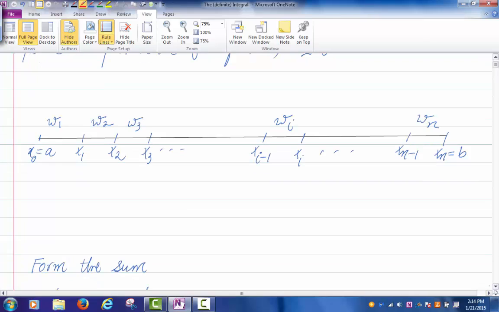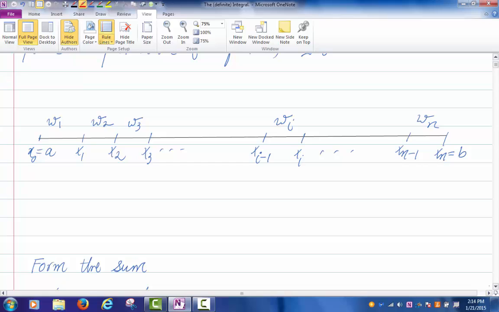Now, once I have these subintervals, I pick sample points from the subintervals. So I pick one sample point, W1, from the first subinterval. I pick a second sample point, W2, from the second subinterval, and so on, and Wi from the ith subinterval, Wn from the nth subinterval, right?